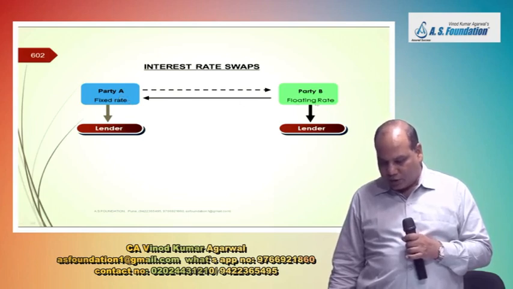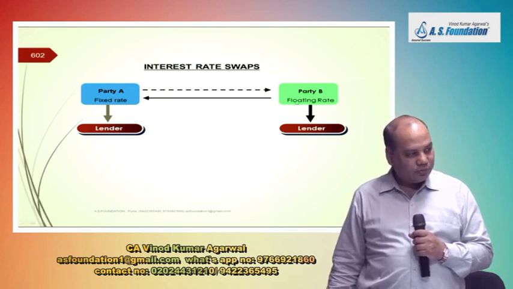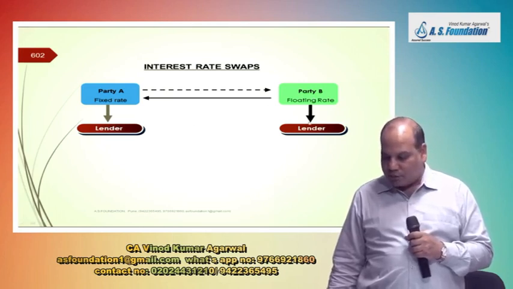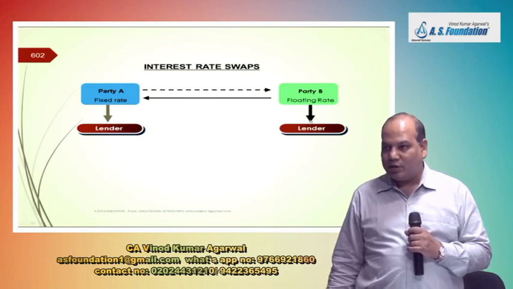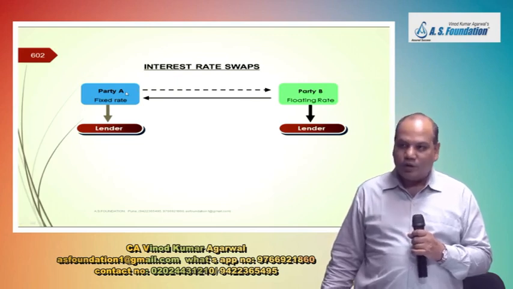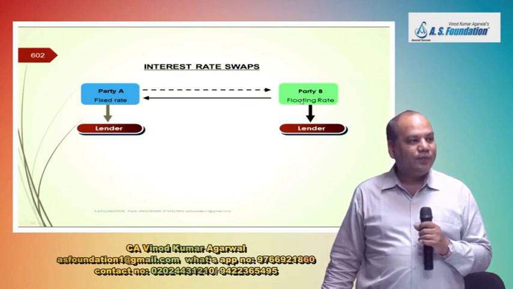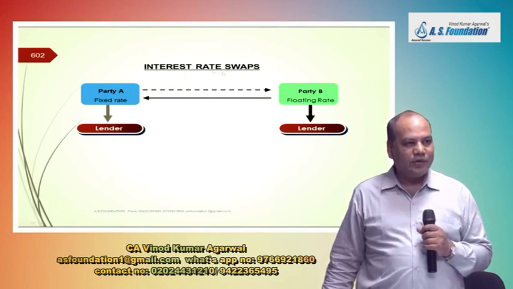This is party A, party B. Party A borrows at fixed rate from the lender originally. Party B borrows at floating rate from the lender. But now party A wants to pay at floating rate and party B wants to pay at fixed rate. Is it right?